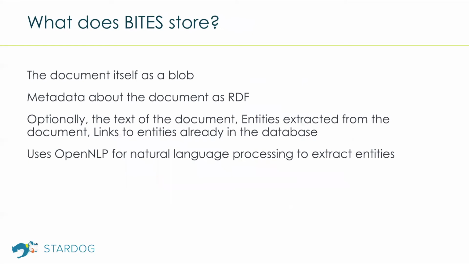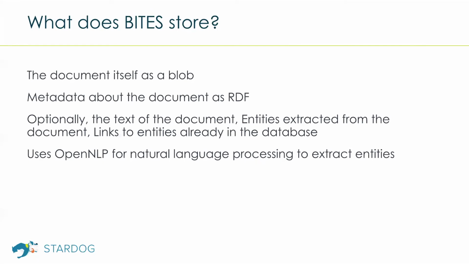I think I already talked about most of this, storing the document itself and the metadata. Storing the text is optional. If you don't give it to any kind of text extractor or entity linker or anything, it won't try to do that. We also support OpenNLP for natural language processing. I know we have some examples of that.